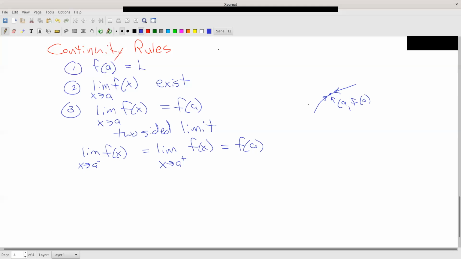So we have a good left-sided limit, we have a good right-sided limit, and the point exists, we're cool, we're continuous. If any one of these fails, then the function's discontinuous. Now, as far as continuity and discontinuity, there is a special type of discontinuity that we're going to look at called the point discontinuity, or a removable discontinuity.